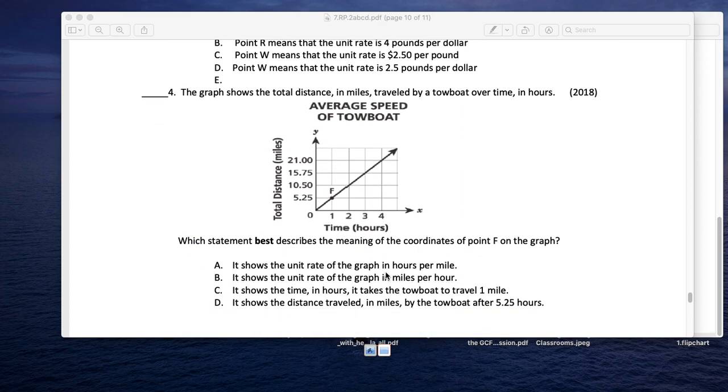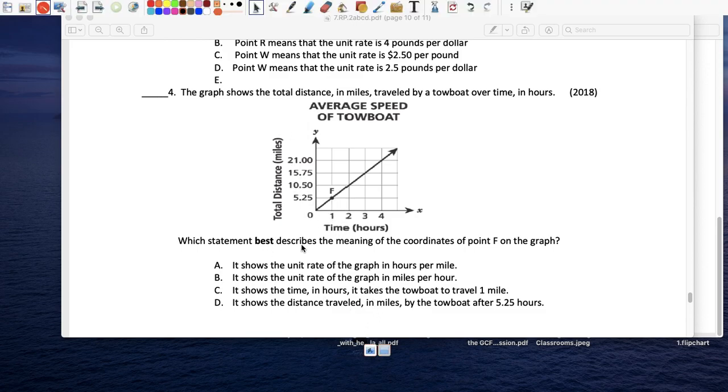All right, another proportional, the time traveled and the total distance, okay? Which statement best describes the meaning of the coordinates of F? Well, F, obviously, again, the point is 1, 5.25, which means x, the hours, and y, the miles. So this guy traveled 5.25 miles in 1 hour.